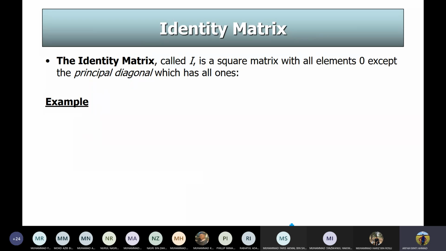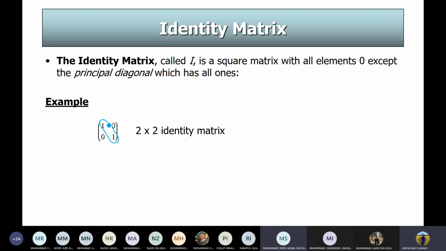So the next one, kita ada lagi satu, identity matrix. The identity matrix called I is a square matrix with all elements 0 except the principal diagonal which has all ones. So maksud dia, let's say for example awak ada satu matrix 2 kali 2. Identity matrix ni maksud dia punya diagonal ni aja yang ada elements dan elements dia adalah 1.